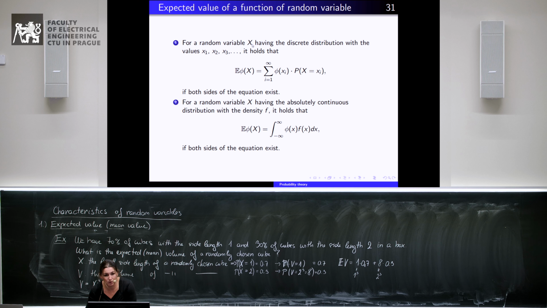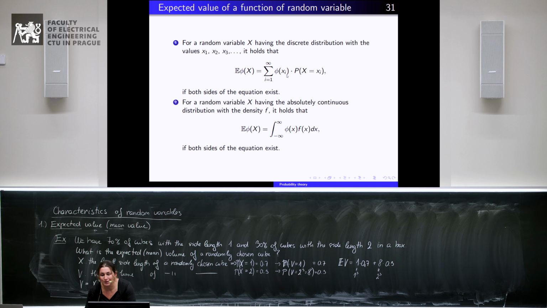So when we consider x to be a discrete random variable, then the expected value of its transformation is calculated as the sum of transformed taken values multiplied by the probabilities of the values xi. So the transformation is applied only to the taken values.